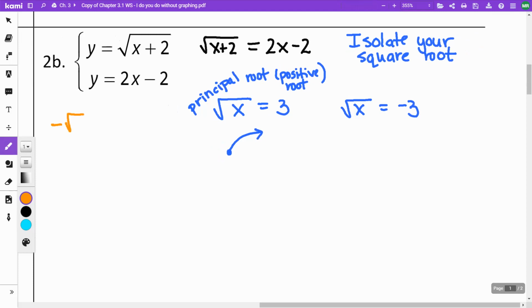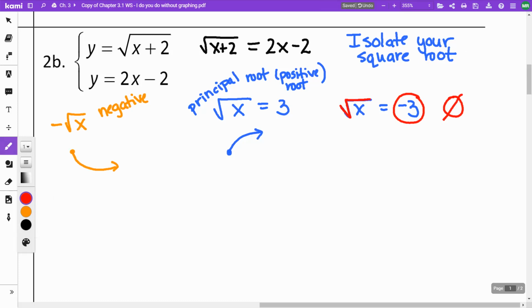If I had a negative square root, that would have been the bottom half. This is a negative. So when they have no sign in front, we are talking about the positive. So this one over here, where I have my positive square root is equal to negative, no solution, no solution.